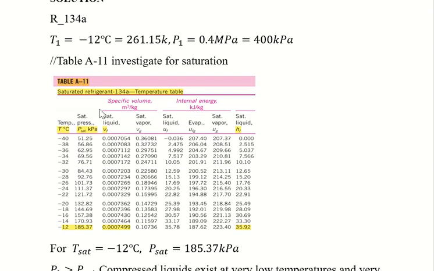So from the table here, I already highlighted it for you. At a temperature of negative 12 degrees Celsius, the saturation pressure is 185.37 kilopascals. That means the pressure we've been given in the question is much greater than the saturation pressure at this temperature. What does that tell you?